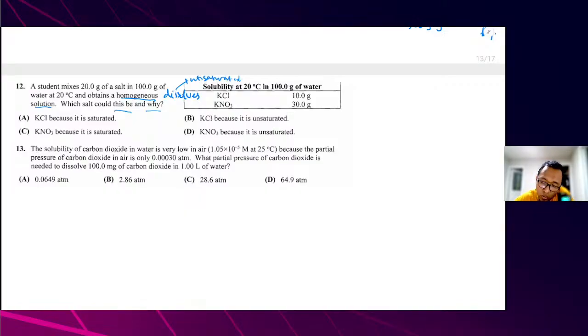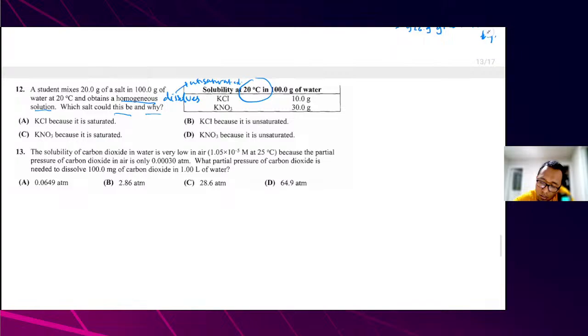A student mixes 20 gram of salt. We look at the solubility at 20 degrees Celsius in 100 gram of water. So for KCl, we have 20 gram in 100 gram of water.